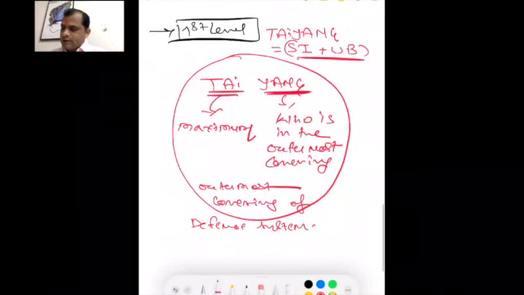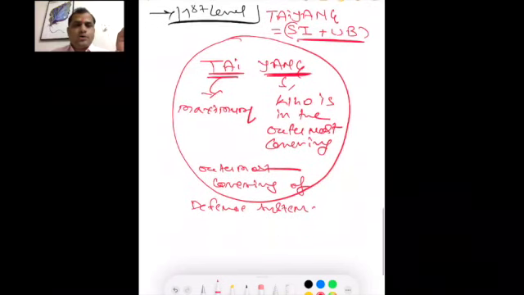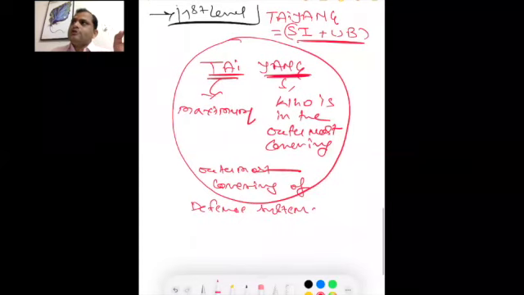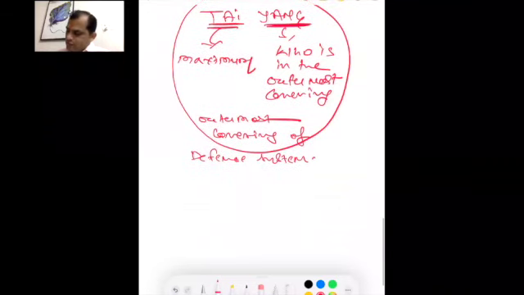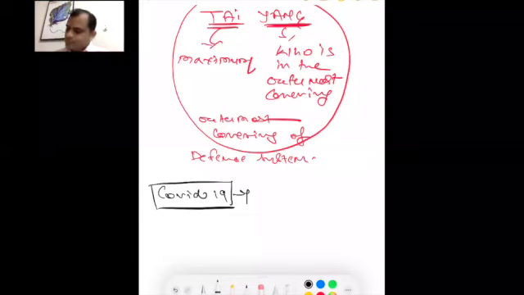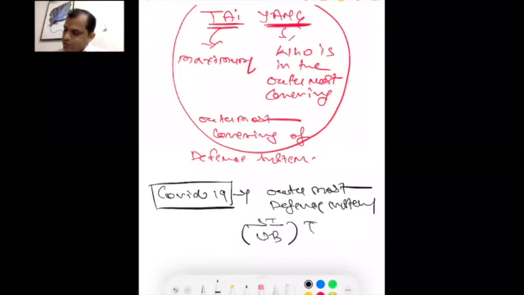So as soon as any virus attacks, whether it is the virus of influenza or the common cold, SARS virus, or what we are talking about nowadays, coronavirus, COVID-19, first this virus has to fight with our outermost defense system, which is made by the small intestine and urinary bladder, which is called Tai Yang.